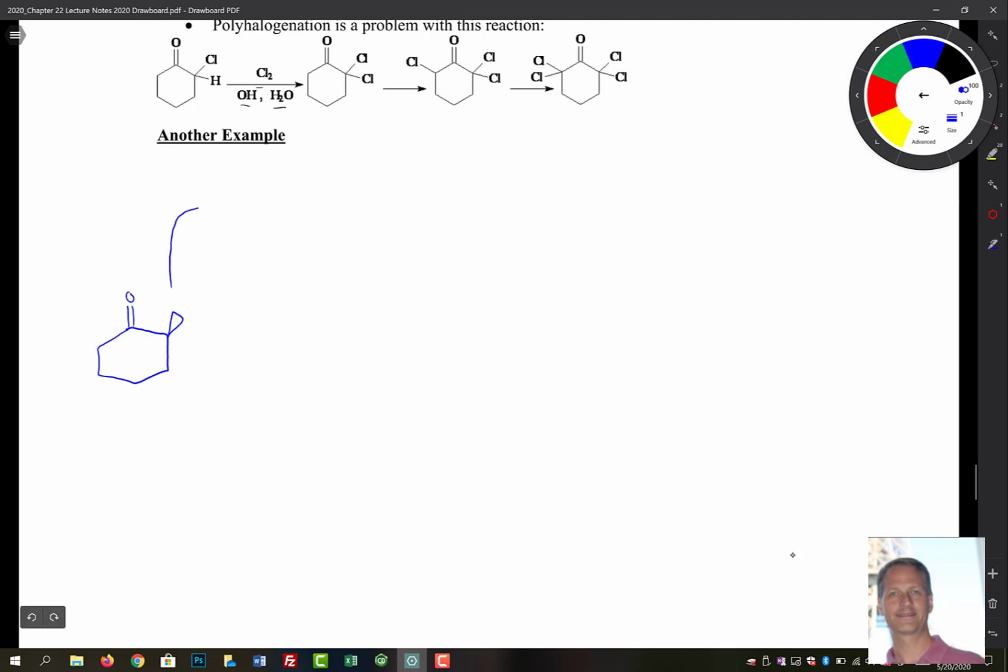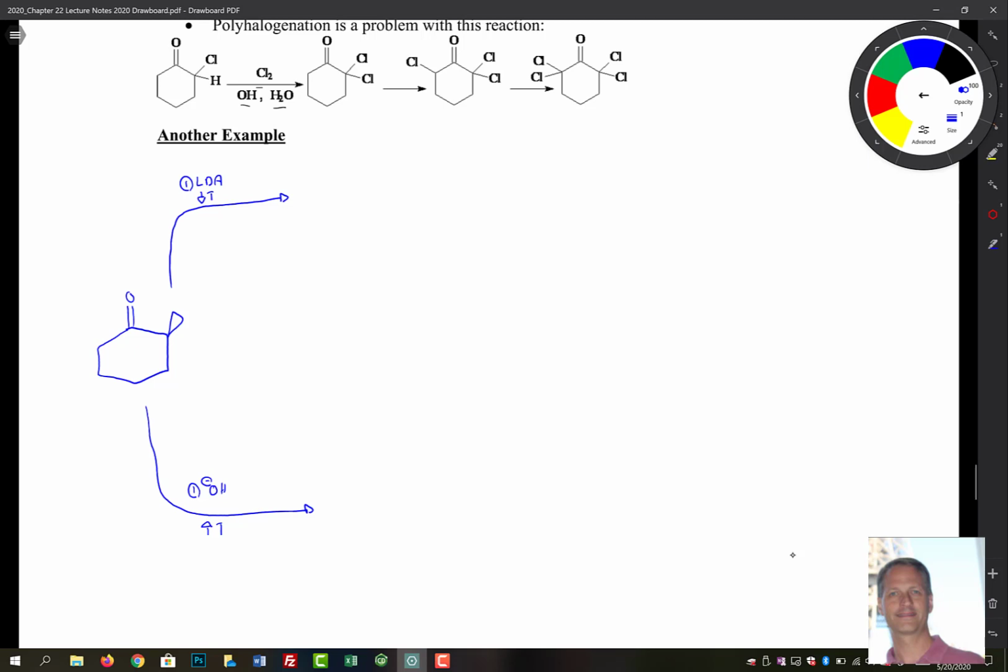I want to do step number 1, LDA, keeping the temperature cool. Then down here below, I would like to add hydroxide and crank up the temperature.